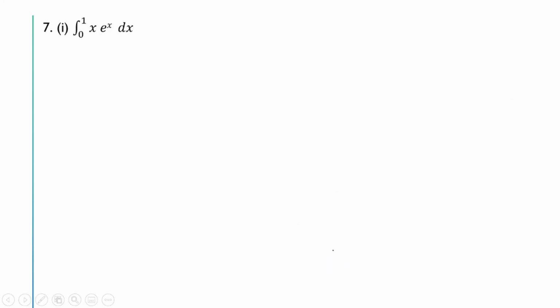The next question, integral 0 to 1 x e raised to x dx. Now this we have to integrate by parts. So here we have to take u as x and v as e raised to x.